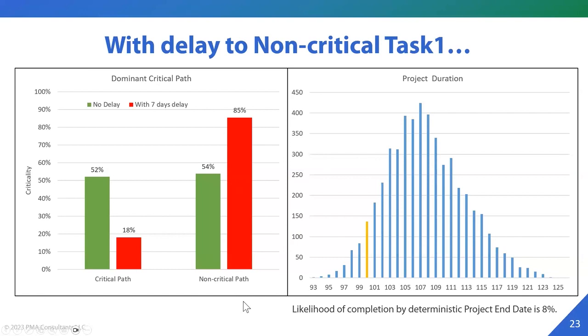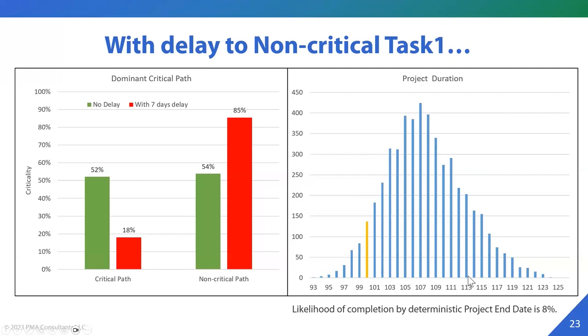So we made a pretty significant impact on the project in this scenario. And again, if we look at the 100-day duration, from 30% likelihood, the likelihood has now dropped to 8% that we will finish within the 100-day duration that we have. So a pretty big impact on the likelihood itself.